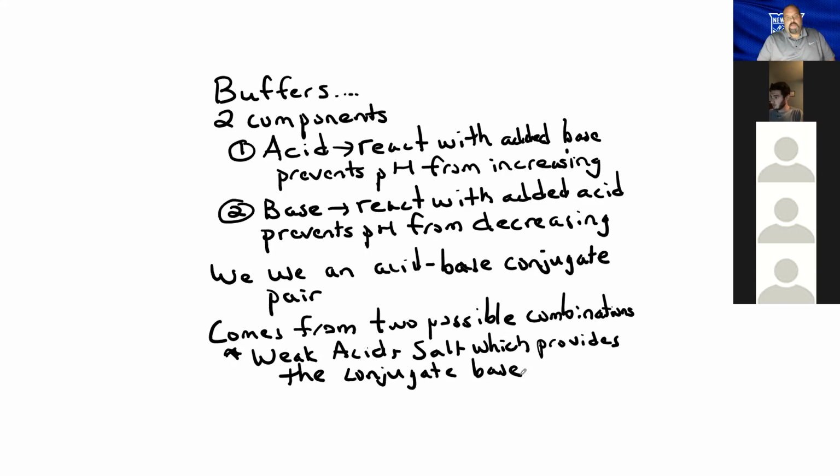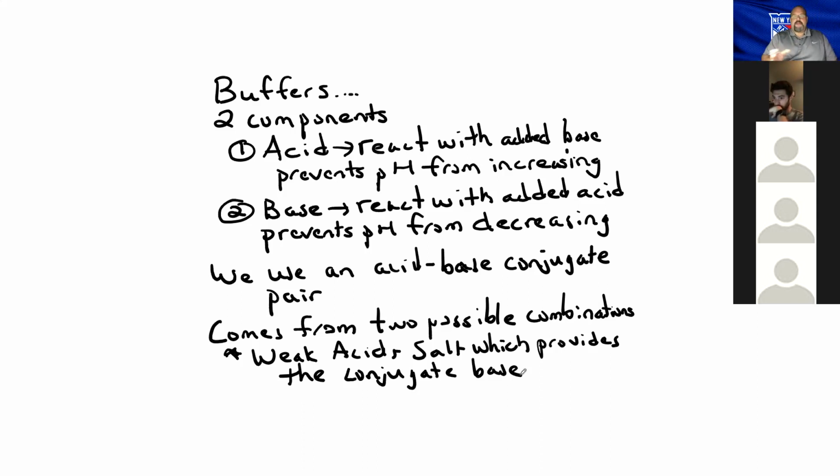The other combination would be a weak base and a salt, which provides the conjugate acid. We mention it in the notes, but in reality, the textbook doesn't even glance at it any further than mentioning it. So we can almost put it to the side, so to speak. But what we want to sort of focus on is the combination of a weak acid and a salt. And the purpose of the salt is that it's going to provide the conjugate base. And one of the things that we'll go over again tonight, which was went over in the notes, is why you need a salt to provide the conjugate base.